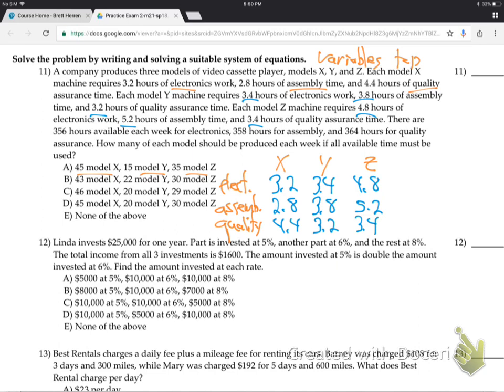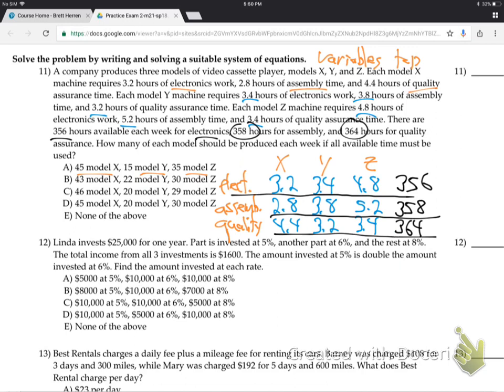Then it says the totals are 356 for electronics, that goes over here because that's electronics, and then 358 for assembly, and 364 for quality. So basically just put that in as a big matrix and do RREF on your calculator, and the answer will be D: 45, 20, 30. There we go. Let's go to number 12.